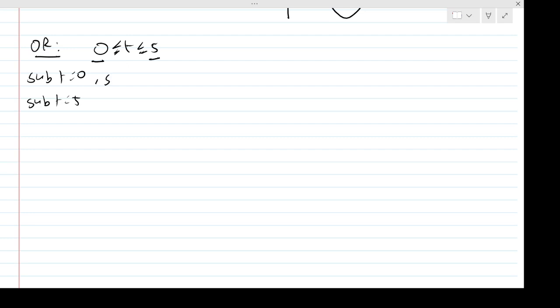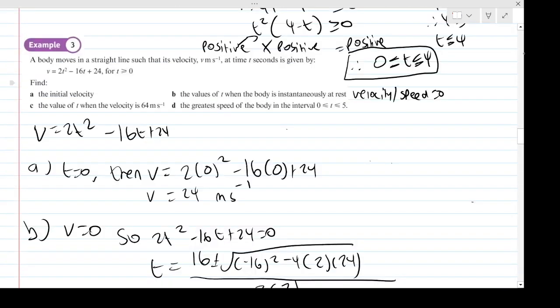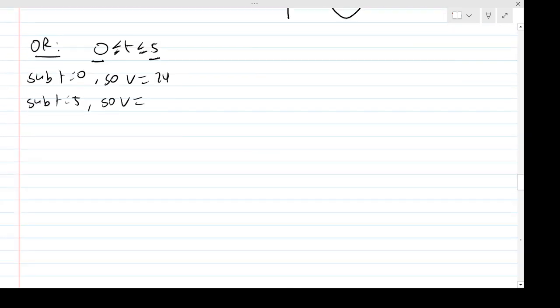So if we do that, then you'd get v is 24, as we know when t is 0. When t is 5, you'd get v is... So if I sub t is 5 into here, 2 lots of 5 squared minus 16 lots of 5 add 24, you get minus 6. Well, obviously that's going to be lower.